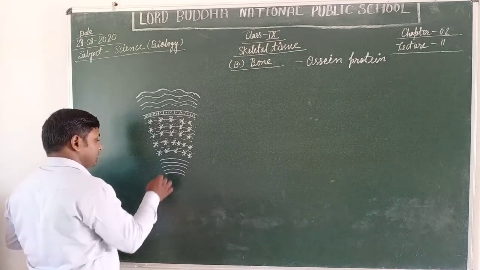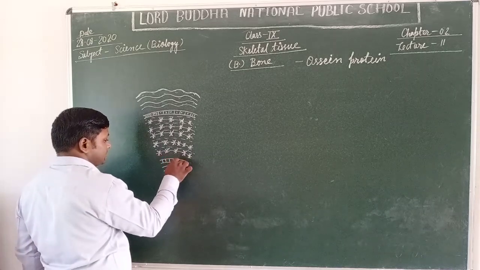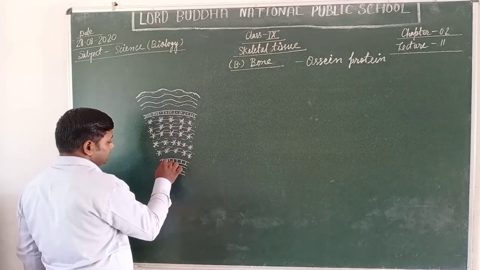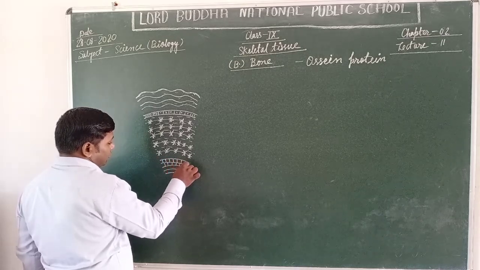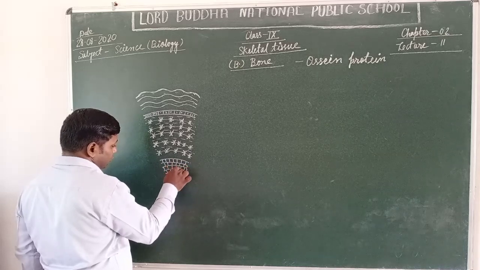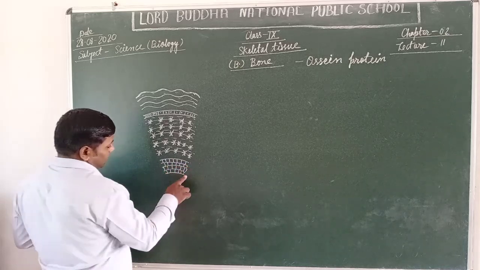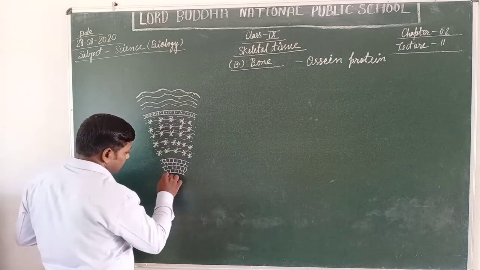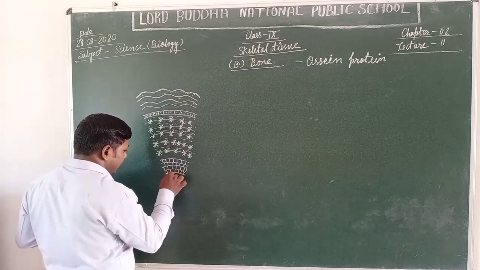This is the inner layer of osteoblast cells, and that ends into the hollow cavity that is called the marrow or bone marrow cavity.